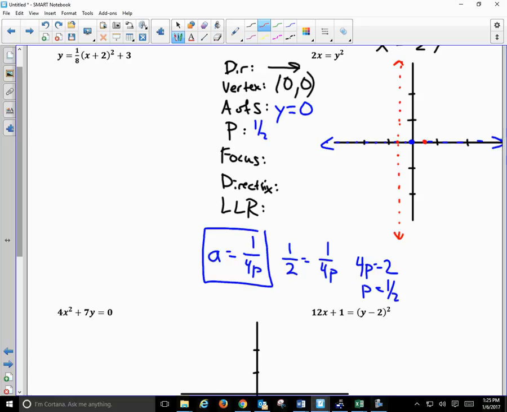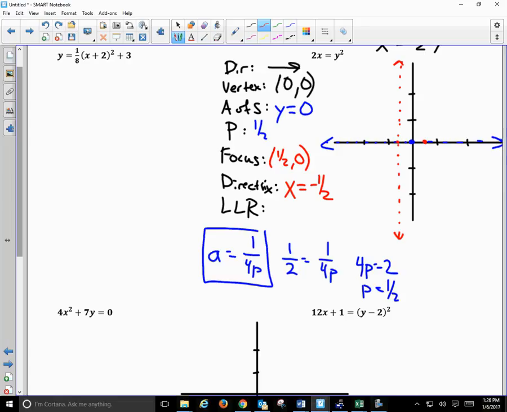So that focus is what? What's the location? 1/2, 0. Good. Directrix is a vertical line. So Carter, is this clear now? Find p, move inside and outside and write them down.